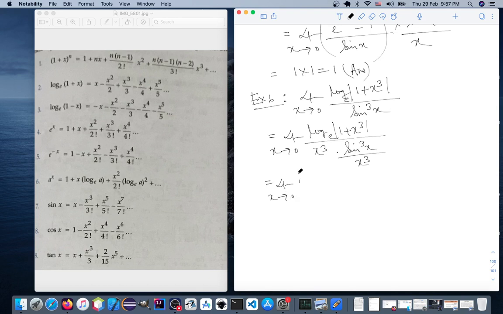So we have log e of 1 plus this, and then we have sin x by x cube. This is 1 for sure, but can we say this is also 1?